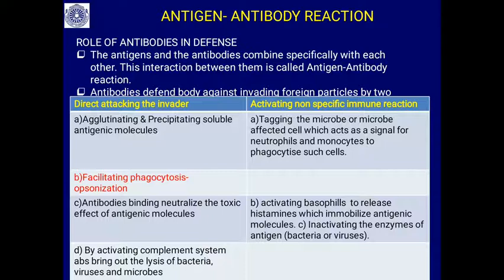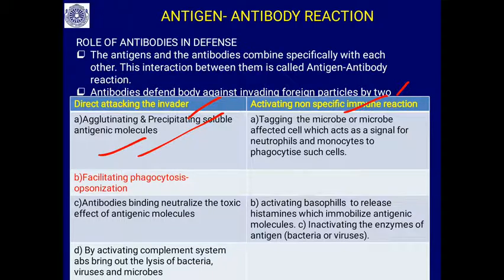These antibodies defend the body against invading foreign particles in two ways: one is directly attacking the invader, or else activating non-specific immune reactions. How do they directly attack the invader? They may agglutinate or precipitate soluble antigenic molecules.